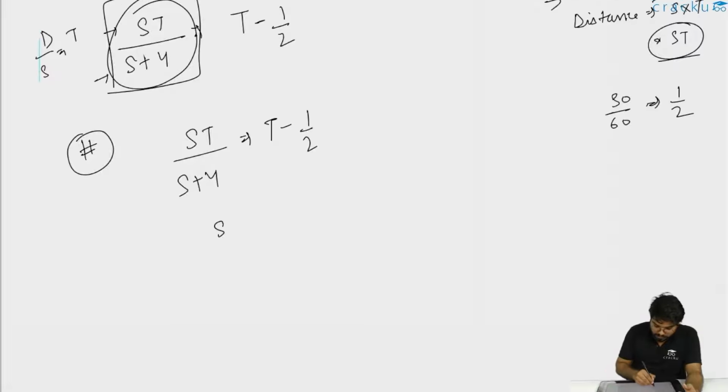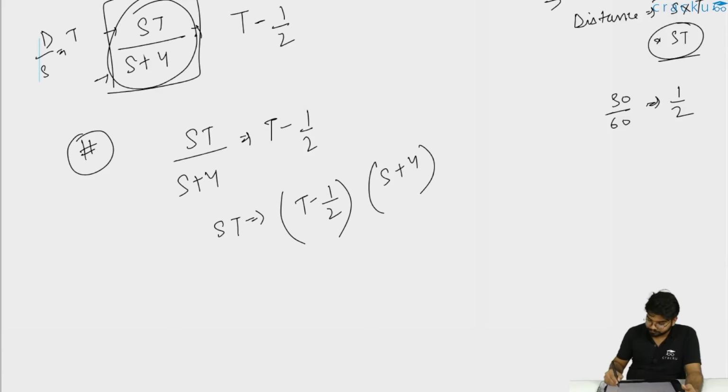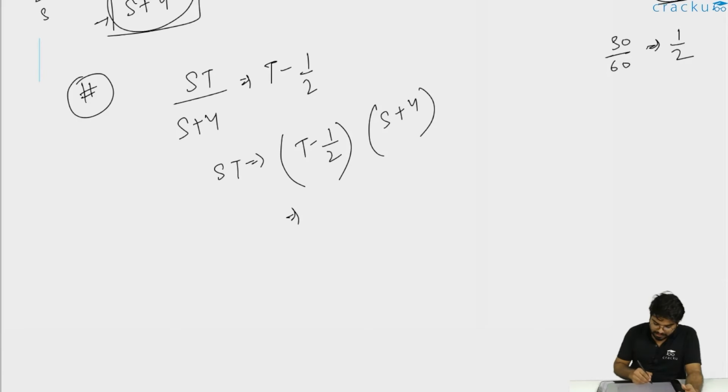If we solve this, this will be st is equal to (t minus 1 by 2) into (s plus 4). We multiply in the bracket, so we will have st minus s by 2 plus 4t minus 2. st and st can cancel out.